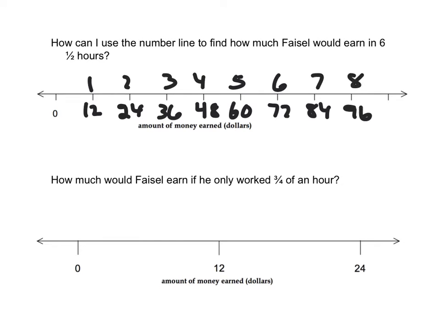And now what I can do is, since he's trying to work for 6.5 hours, I know that what I'm taking is 6.5 and I'm multiplying it by 12. So the first part is I can take that leap to 6 hours. So I know that he's making $72 for just that 6 hours that he worked.